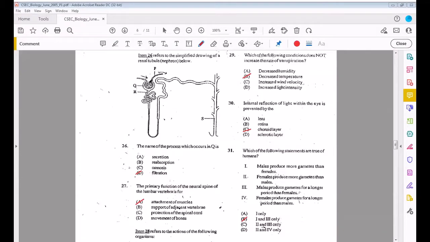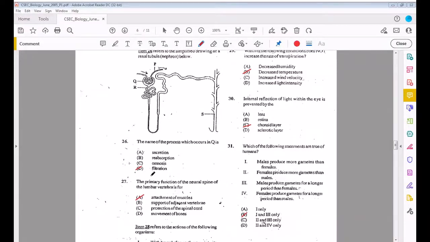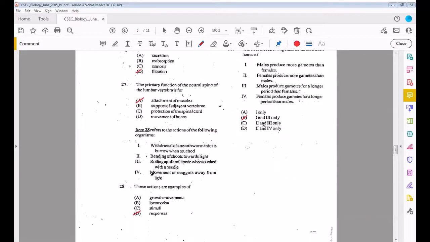This structure here is the glomerulus. This would be our proximal convoluted tubule. We have the loop of Henle, and then we have the distal convoluted tubule with the collecting duct at the end. So Q, what happens here? We have ultrafiltration happening at this point. So the answer is D.